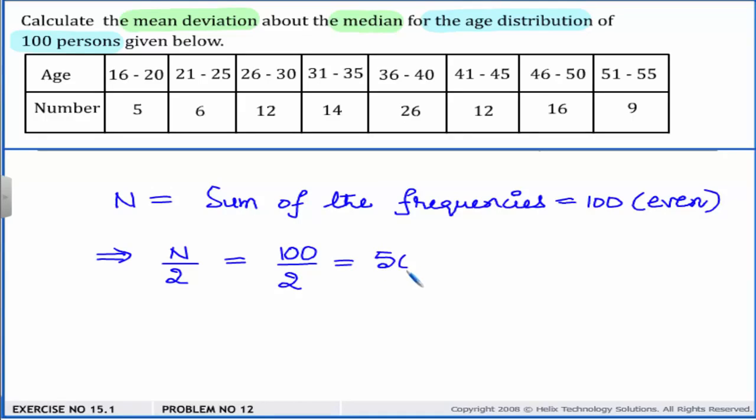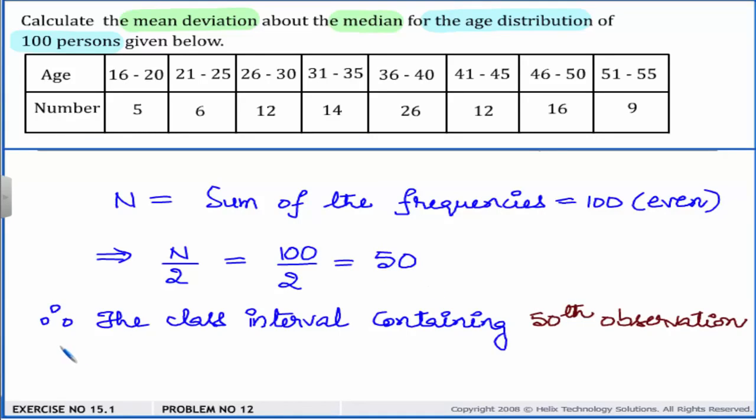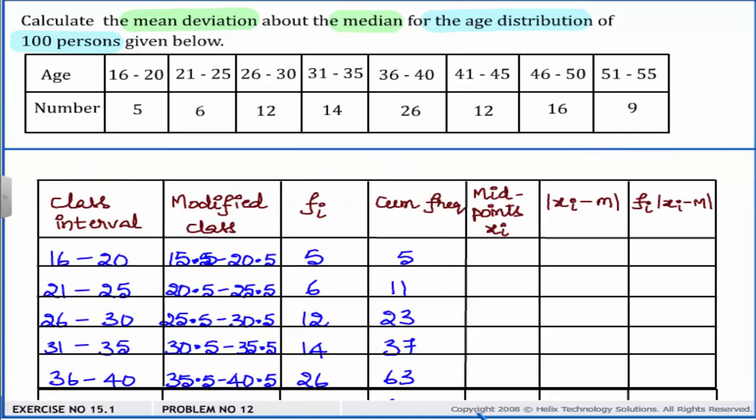Therefore, the class interval containing 50th observation is 35.5 to 40.5, as you can see here. So this is the median class. So let us write the same there.